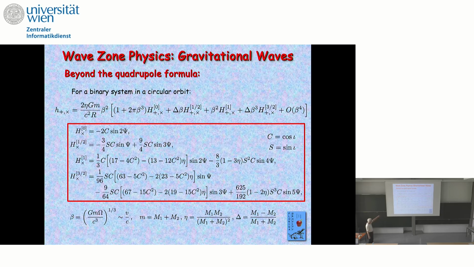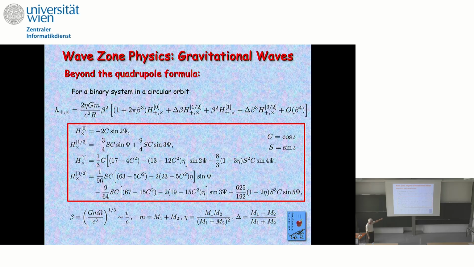But then when you go to the half order, 0.5 PN correction, there are terms that are a sine of psi, the orbital phase, and 3 times the orbital phase. So you get higher and lower harmonics of the orbital frequency. Then the first post-Newtonian correction, these c's are, of course, functions of the inclination of the orbit relative to the line of sight, so you get dependence on that.